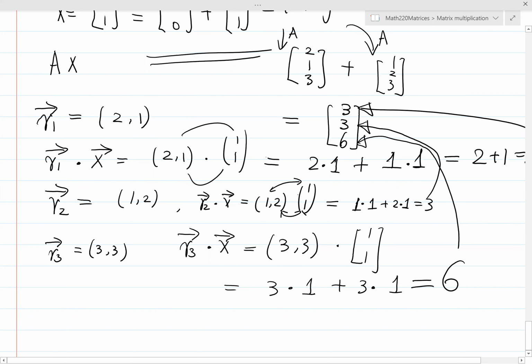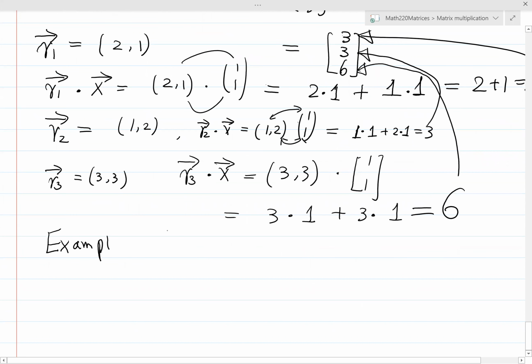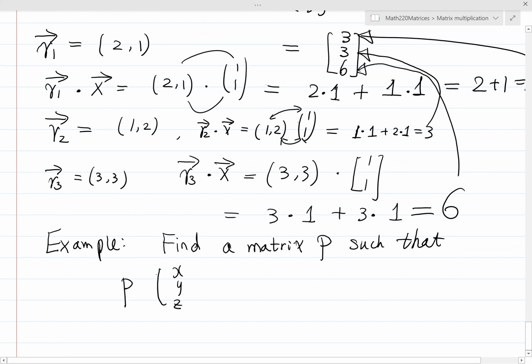Okay, more examples. Find a matrix P such that when we plug this vector XYZ into P, the output is YZX.